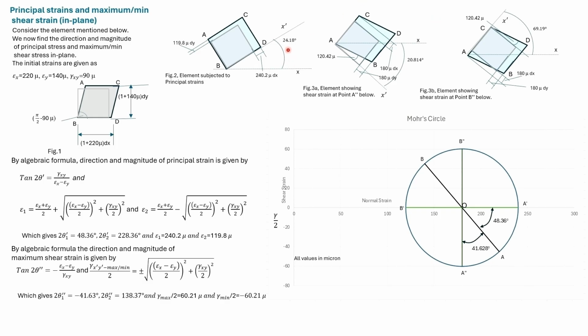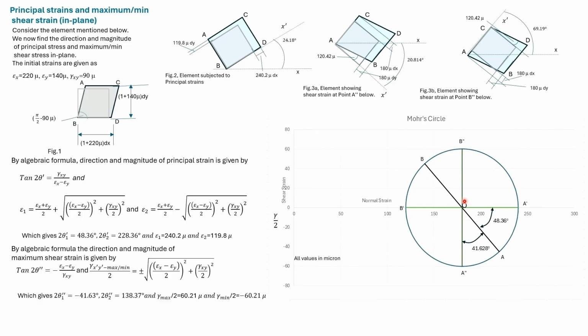So here, this angle is half of this angle. The element in principal directions is shown here. There is no shear strain in the element. This value is epsilon 1 and this value is epsilon 2. The angle and the principal strains are the same as obtained earlier.